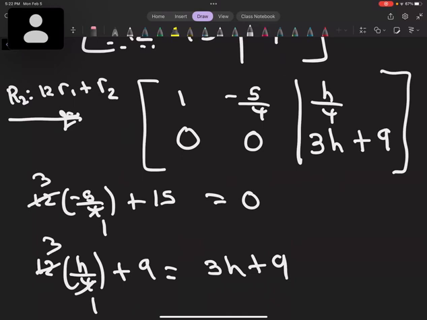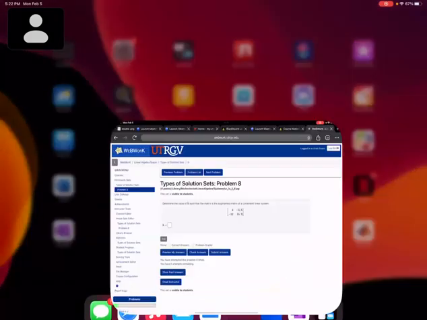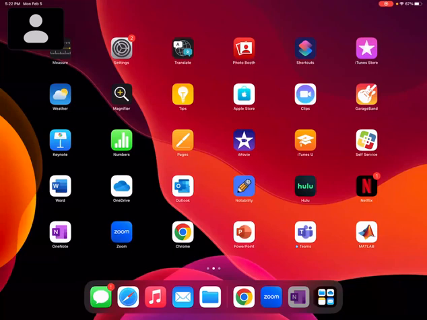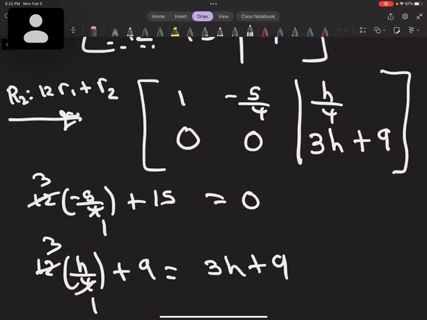Okay, so what do you guys think? What should be a good h for this to be consistent? So we determine the value of h such that the matrix is the augmented matrix of a consistent linear system. So consistent means it's going to have at least one solution or infinitely many solutions. So what do you think?